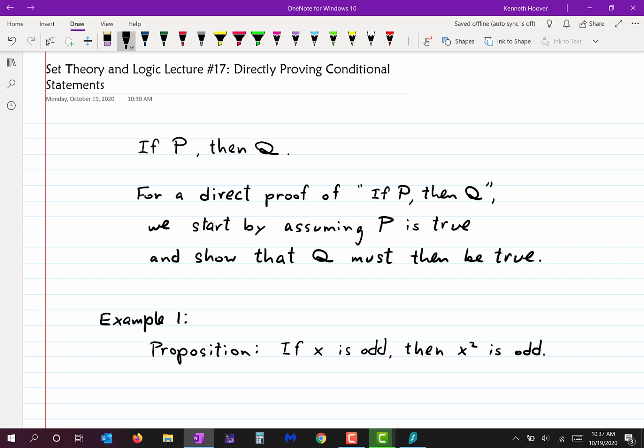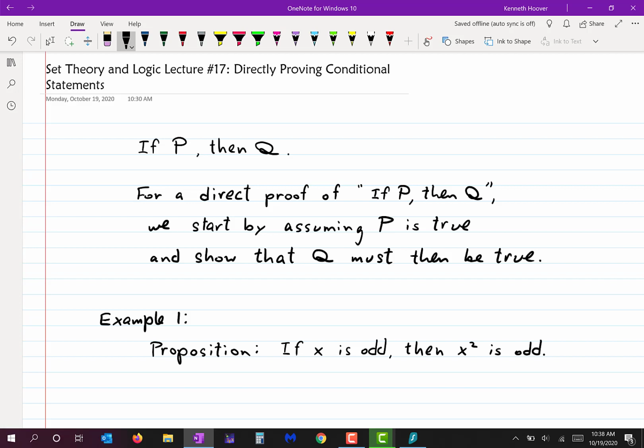And the difference that they put onto them is that a proposition is basically a theorem that's not terribly important. And when I say not terribly important, what I mean is fairly obvious and easy to prove. Some people will use the word proposition for things like that, and then they save the word theorem for things that are a little bit more important and take a little bit more work.